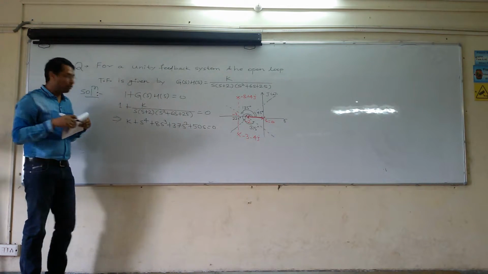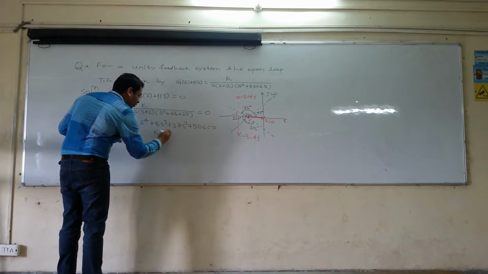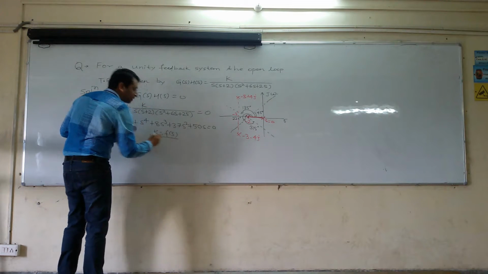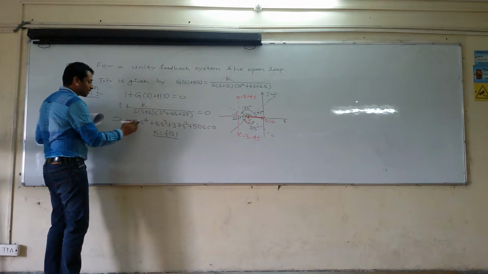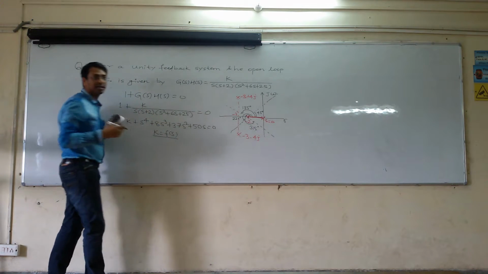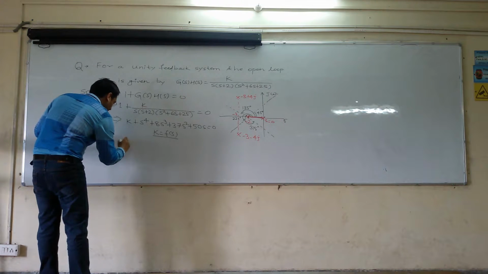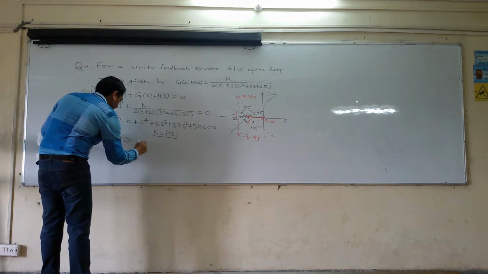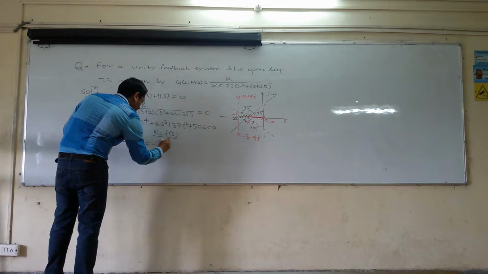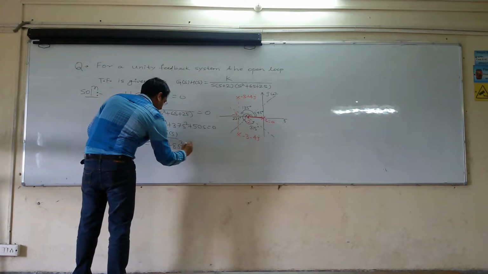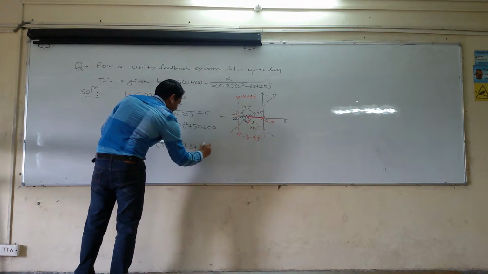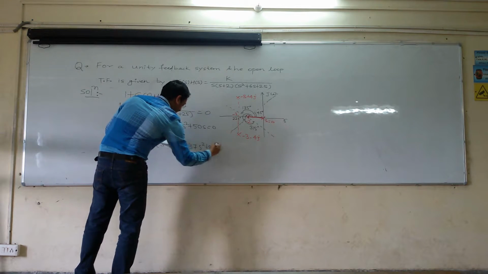What you want is something like this, k is equal to some f(s). So you have to put k on one side and the rest of the terms on the other side of the equation. By doing this, you will get k equal to minus (s to the power 4 plus 8s cube plus 37s square plus 50s).